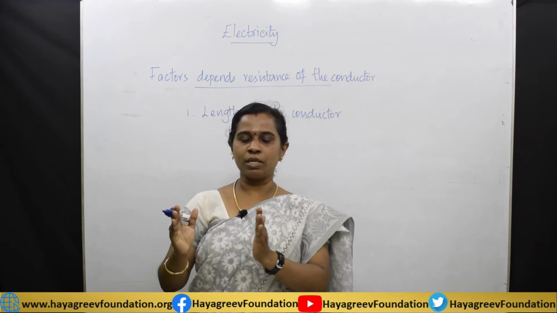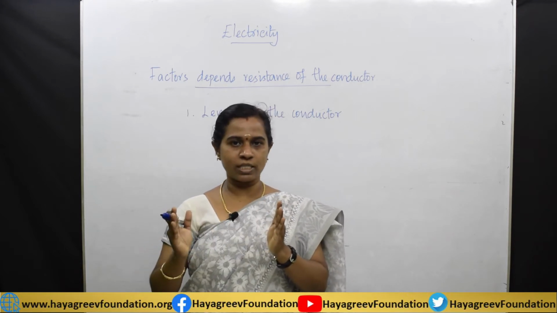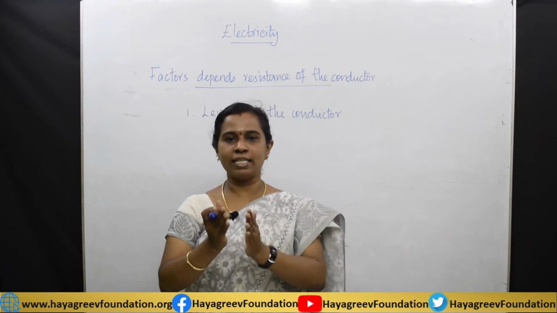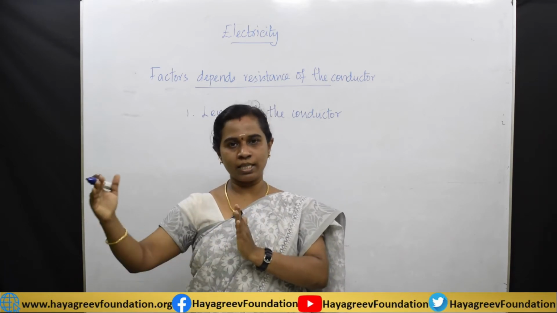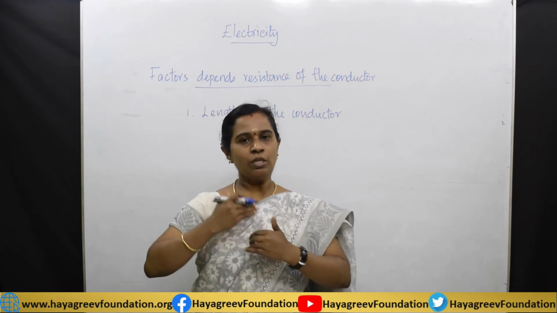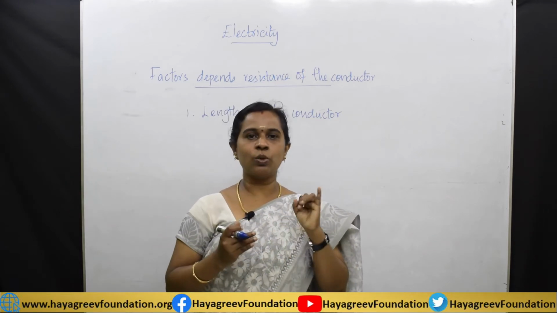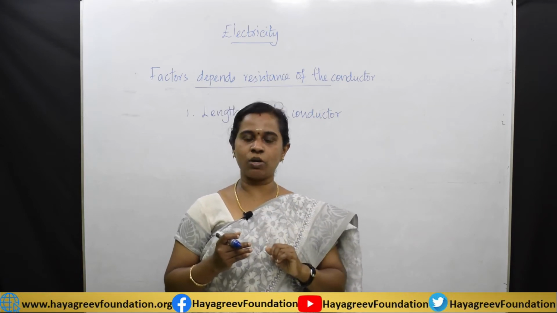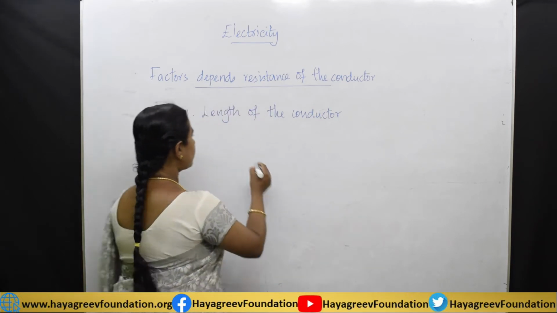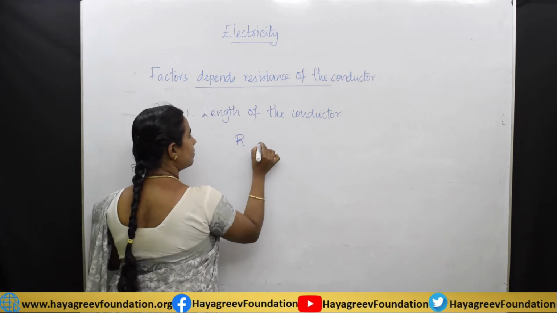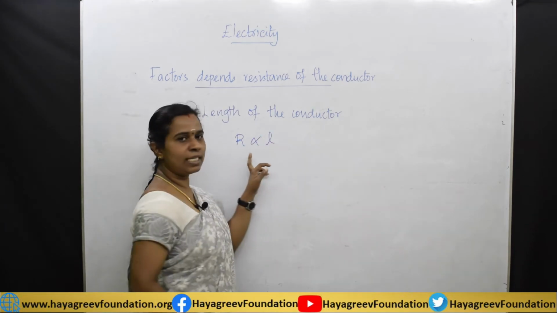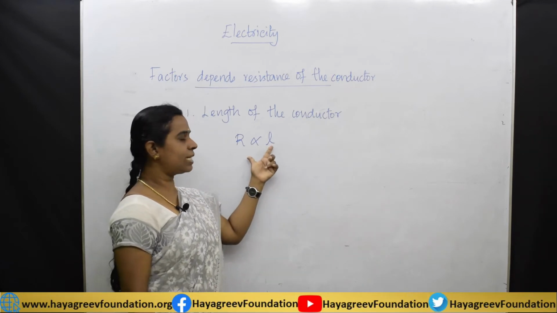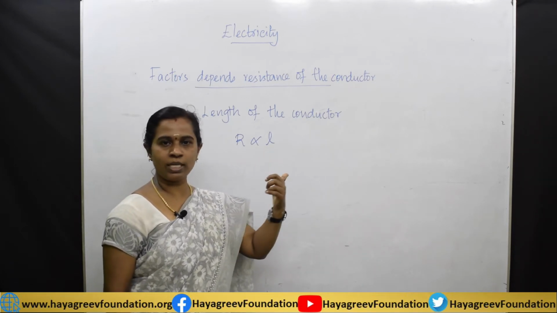If 2 meter, they have to travel a longer distance, so some opposition will be there and resistance will increase. Again 3 meter means the length is increased still more, so resistance will increase. So as the length of the conductor increases, the resistance also increases. Resistance of the conductor is directly proportional to the length of the conductor.